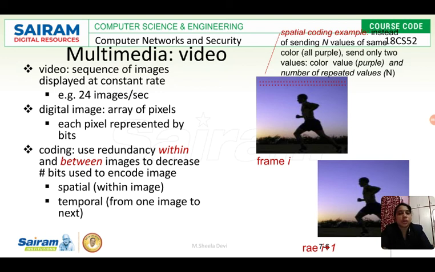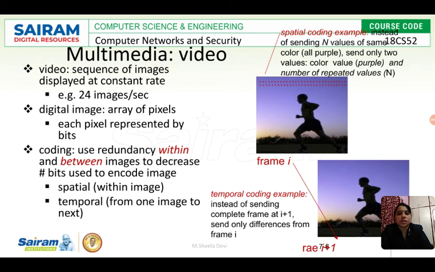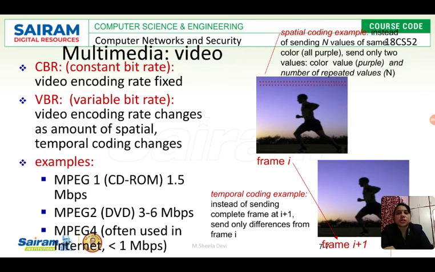Instead of sending all the 24 images, just send the difference between every image. That is called temporal encoding. In temporal encoding, instead of sending the complete frame at i+1, send only the difference from frame i. That's what is said here.